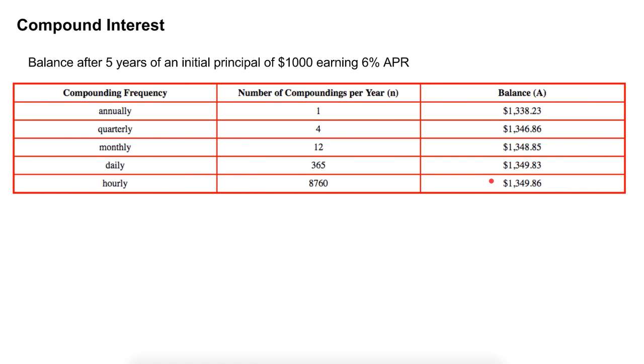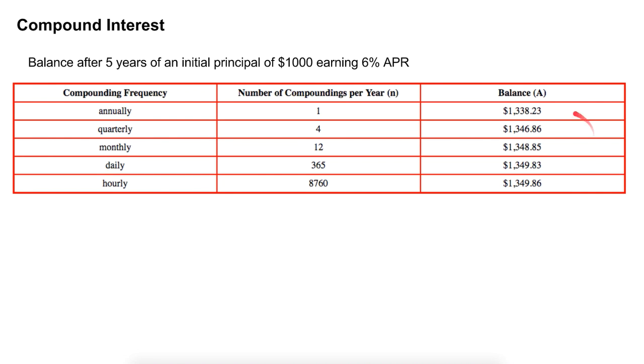And let's look at this a little bit more closely. So notice that we are compounding more and more and more. When we're compounding hourly, that means we're compounding 8,760 times per year. And we got more money. But how much more money?